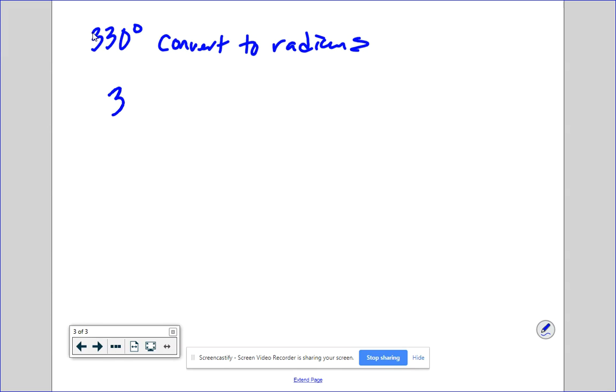What's my conversion from degrees to radians? Pi over 180. The way it helps me remember it: for radians, I want pi in my answer, so I want pi on top. To go from radians to degrees, I don't want pi, so I want pi on the bottom.